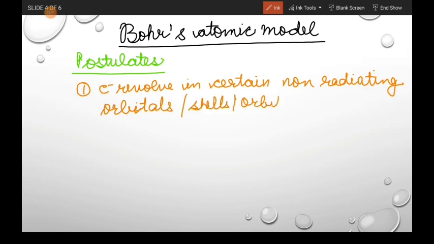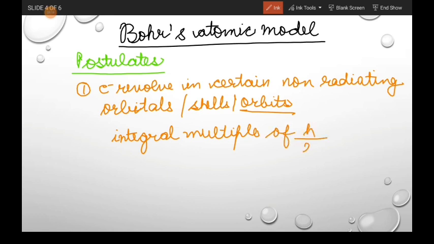But for these orbits, there is one condition: the angular momentum should be an integral multiple of h upon 2 pi. That means L should be equal to nh upon 2 pi.